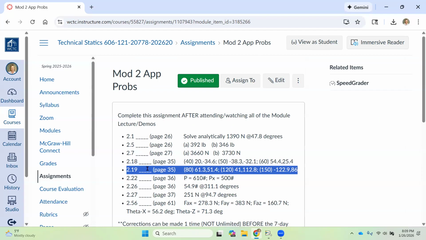Those would be the problems that you are ready to get started with the information that we've gone through. So if you did want to get started on the application problems here, those would be ones that you could target, okay? And then the next time we get together, like I said, we'll continue on, and then by the time we're done with our next lecture, we'll be able to finish up the rest of the problems here, okay?